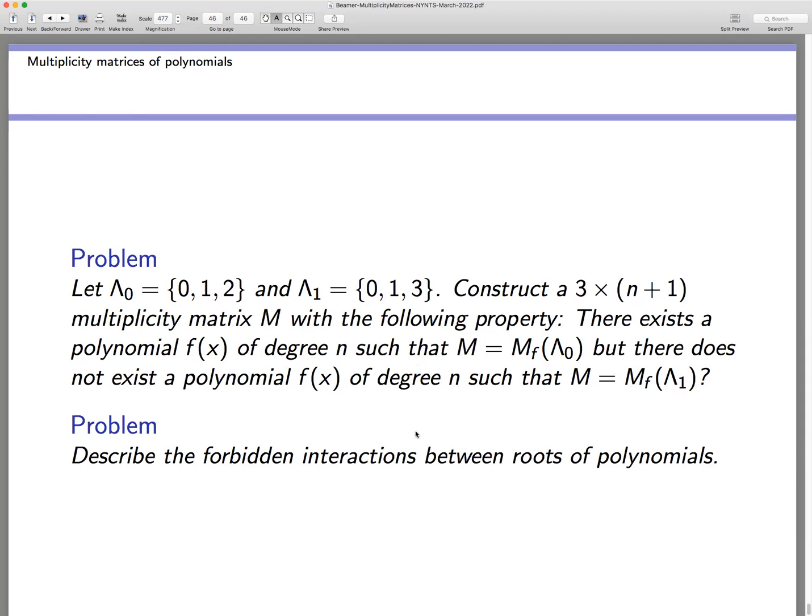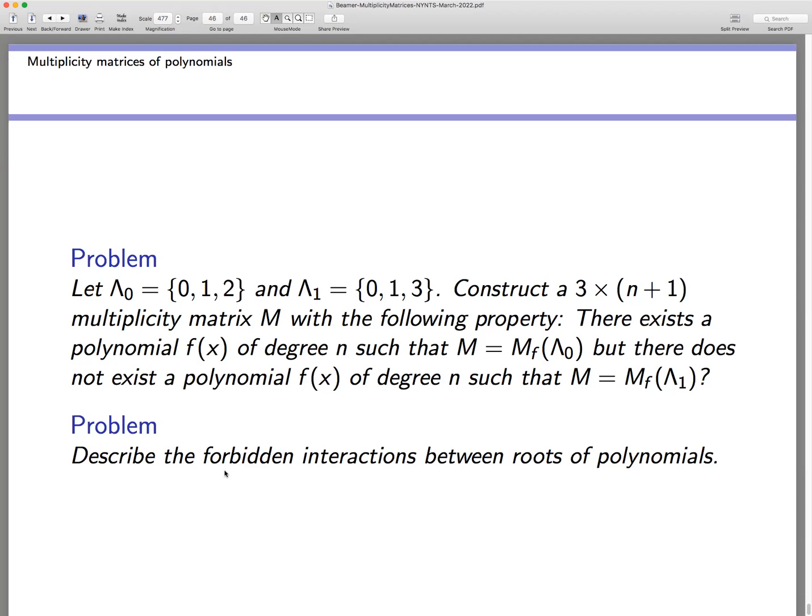And more generally, what we're describing are forbidden interactions between roots of polynomials.